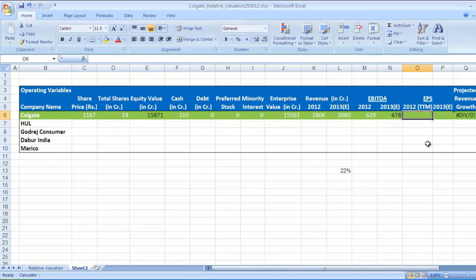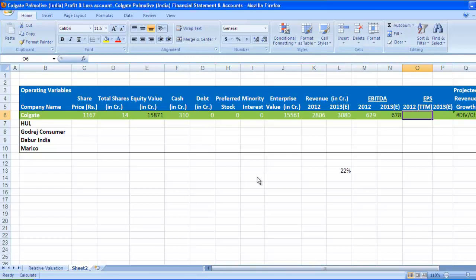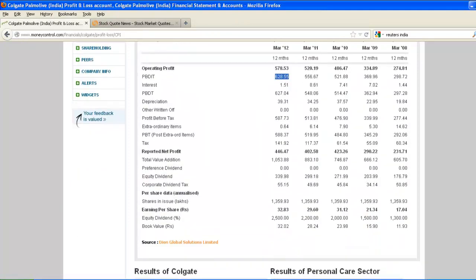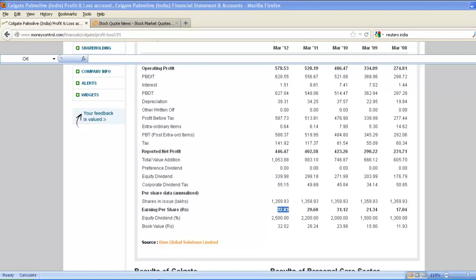For EPS 2012, you can take either the trailing 12 months or the figure for 2012. Earnings per share for 2012 was 32.83.